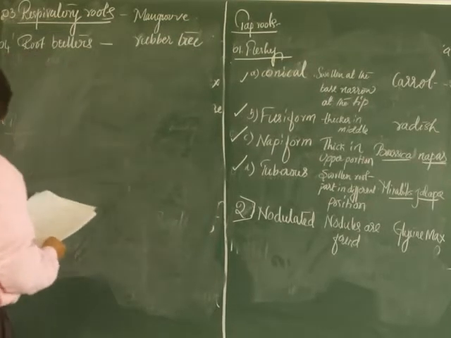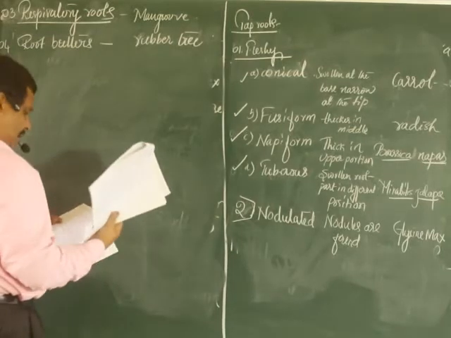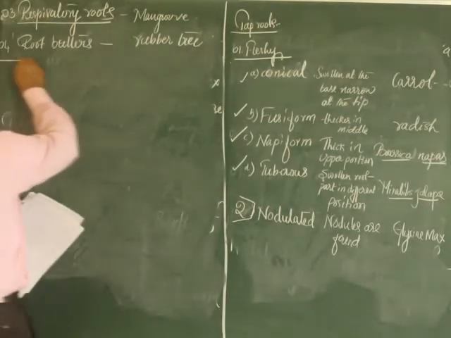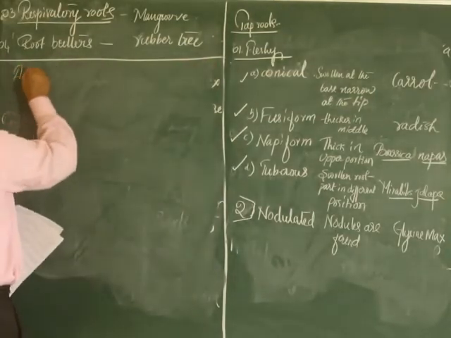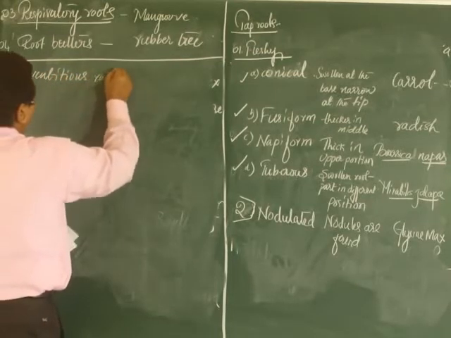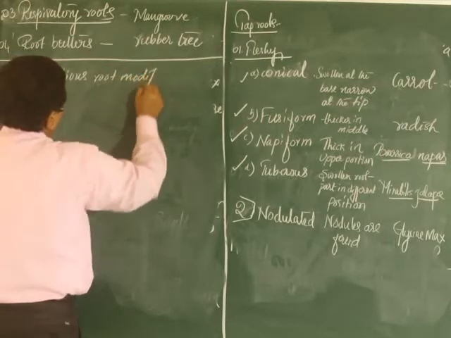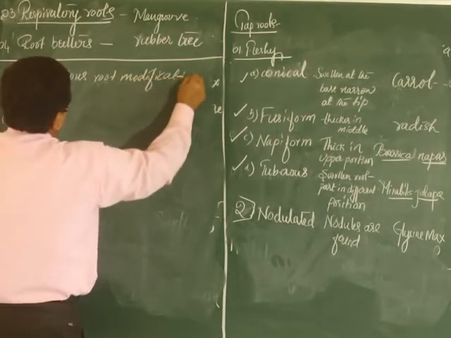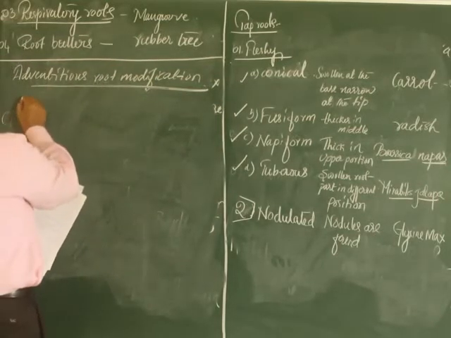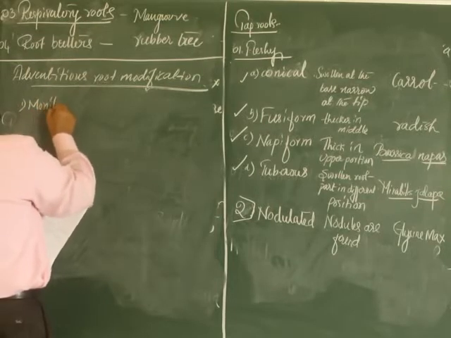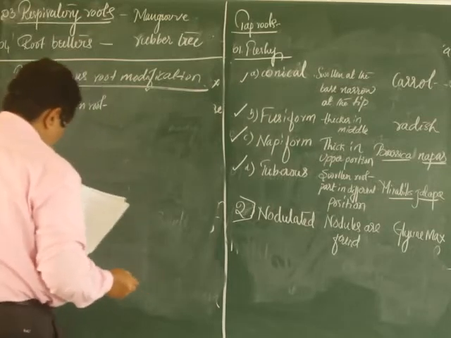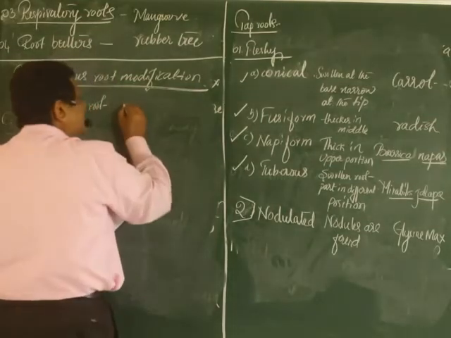Next, adventitious root modification. Under this, moniliform root, that means swollen roots at regular intervals.